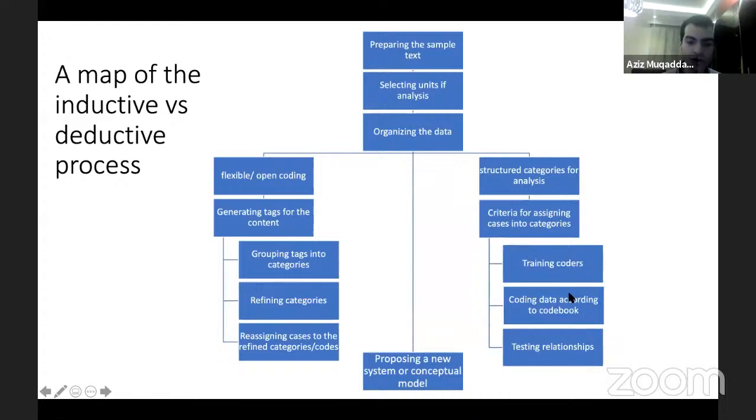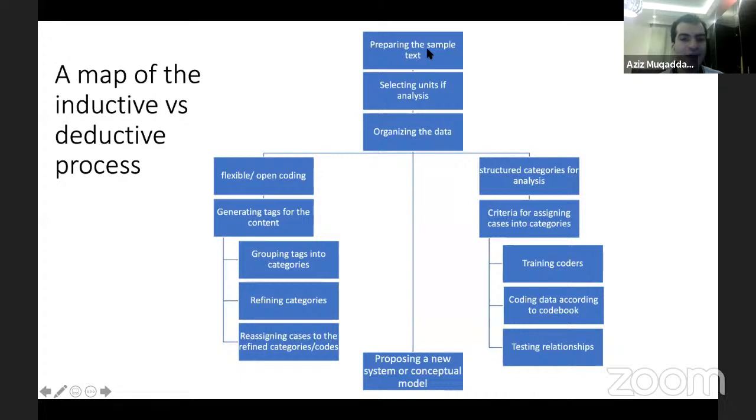You code according to the code book. You compare if you have a level of agreement, and you test the relationship between whatever variables, right? And then after following that, you would propose a new system or a new model to explain the phenomena, whether it's about social media accounts, animal pictures, magazine covers, you name it. Whereas the inductive approach, you start with flexible open coding.